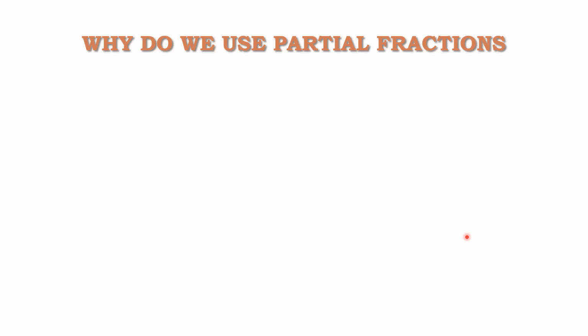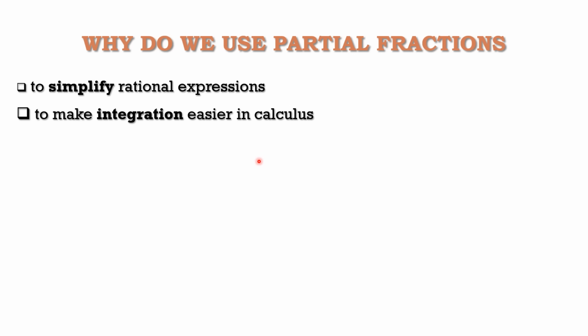What is the concept about it? What do we use partial fractions for? The first one is to simplify rational expressions. Then the second one is to make integration easier in calculus.